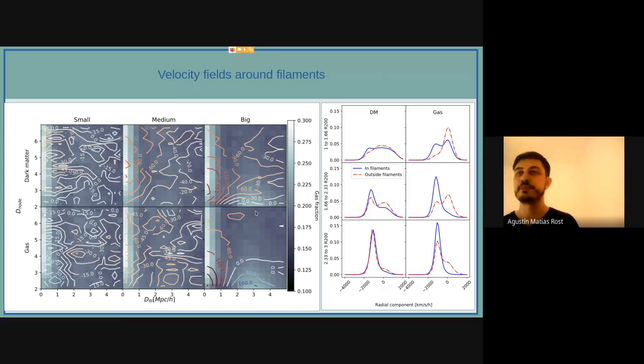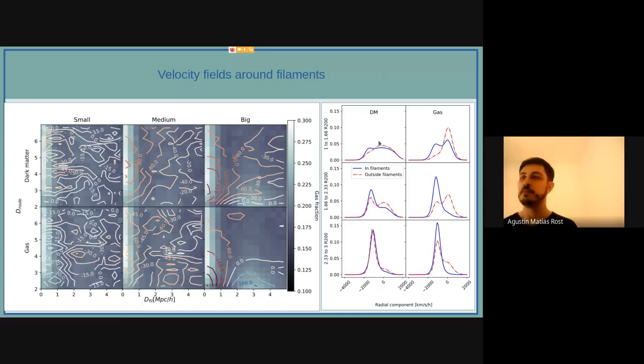It is like there's a vortex in the gas case, and it means that the gas tends to flow more efficiently through the filament and is injected into the galaxy cluster very efficiently through the filament, but outside the filament it is going outwards. It is like the gas is able to penetrate the gas shell efficiently through the filament, but it is not the case for dark matter.